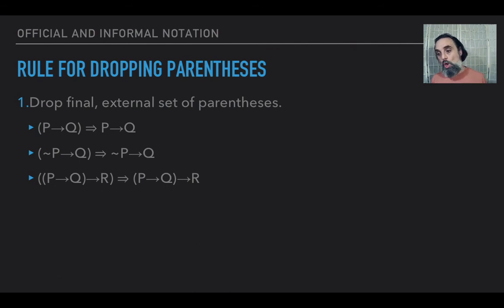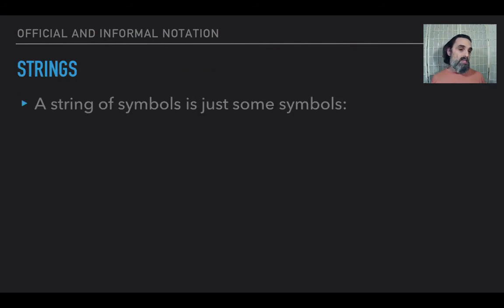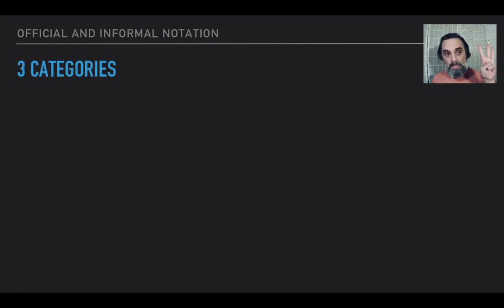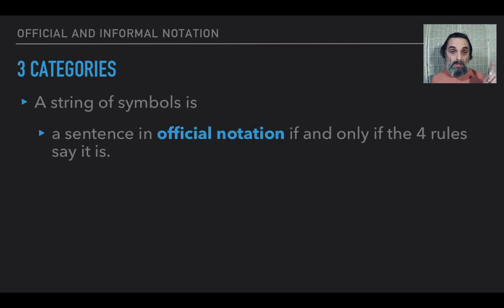Okay, so if we say that a string of symbols is just some symbols, some strings are sentences, some aren't, then we have three categories. A string of symbols might be a sentence in official notation, and it's in official notation if it follows those original four rules that I laid out.